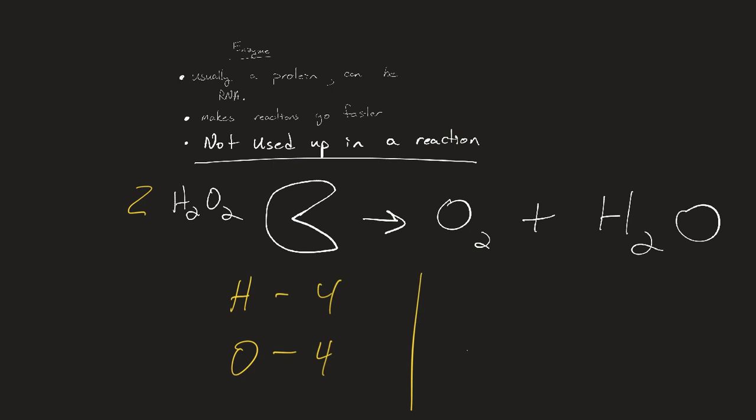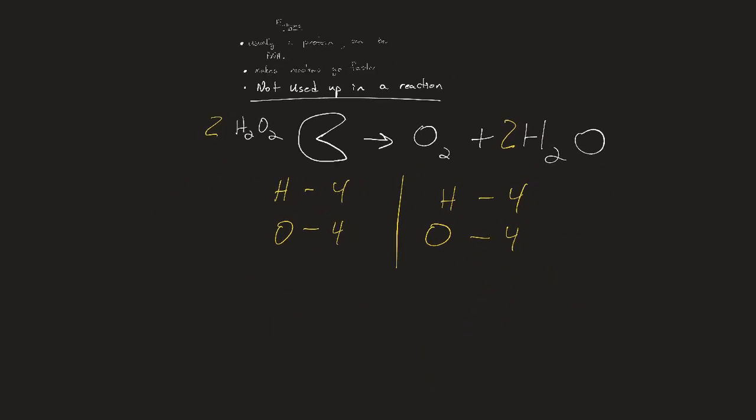If I put a 2 here, the hydrogen's a 4. Do you agree? Because 2 times 2 is 4. 2 times 1 is 2, plus 2 is 4. So at 4 and 4, the equation is balanced. Everybody see that? The same number of elements on both sides. Are we good? All right, so this is the reaction. You're going to take this hydrogen peroxide with the enzyme, and it makes oxygen and water.